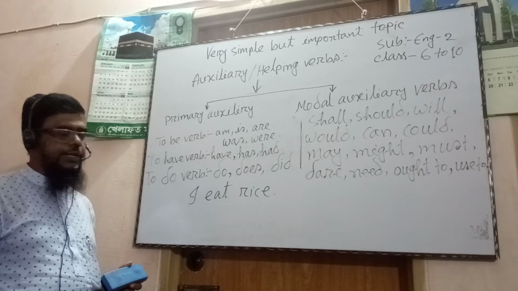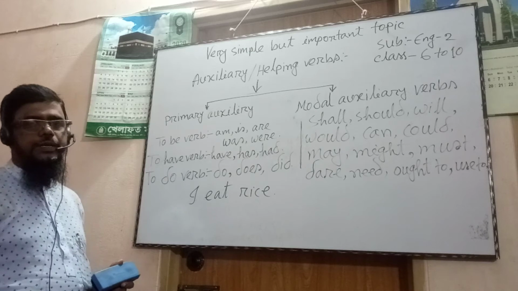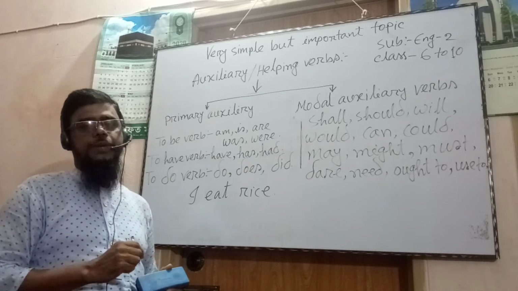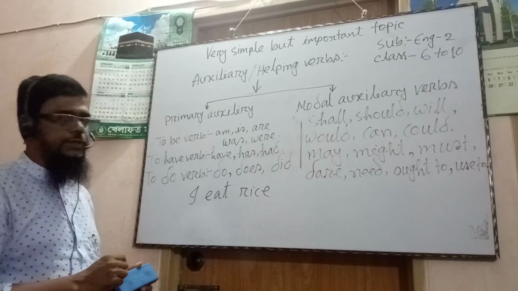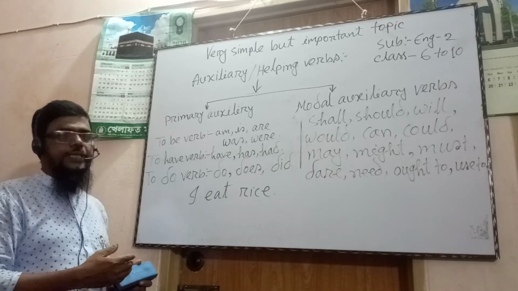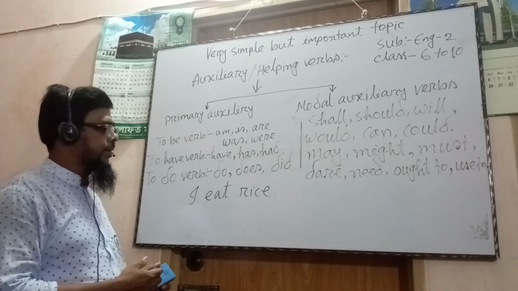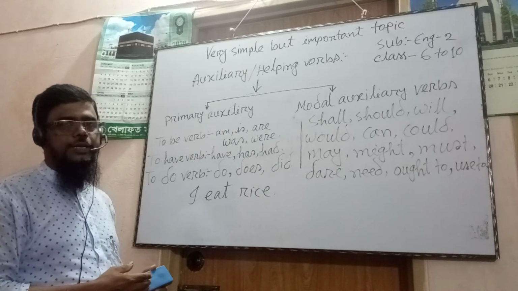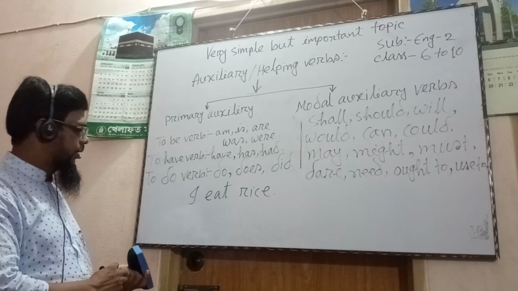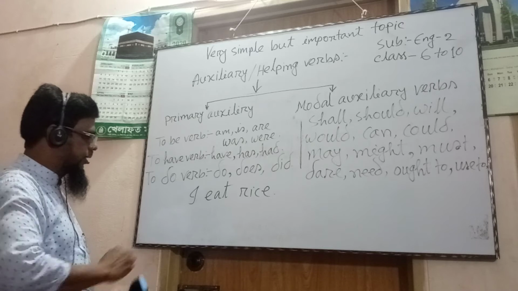But if we want to make it passive, auxiliary verb is needed. Auxiliary verb is a must. So I can say in passive form, auxiliary verb is a must. So I want to write it in passive form.